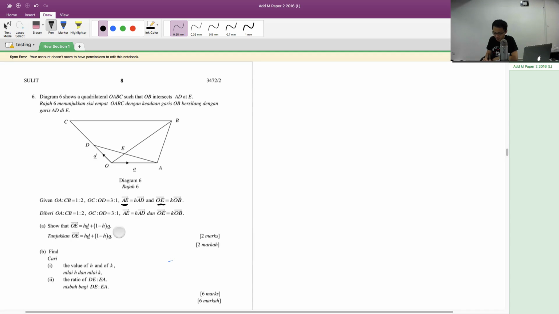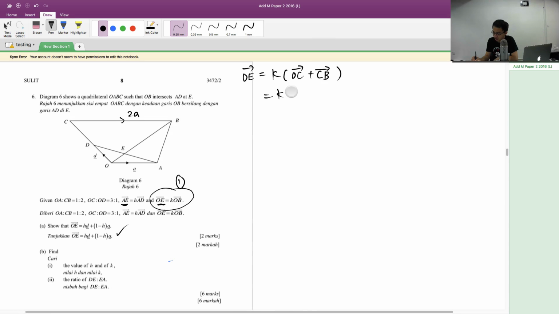Just assume we already got the OE in part A. We start from this equation first. OE equals K OB. We already have OB, because this is double, this is 2A. OB equals OC plus CB. This shouldn't be too hard.